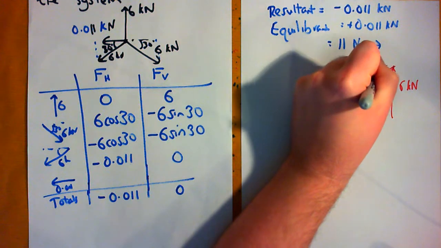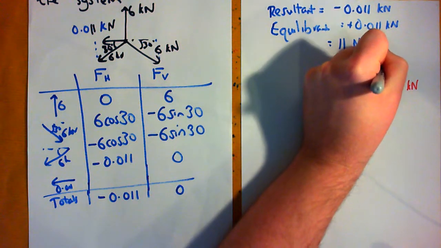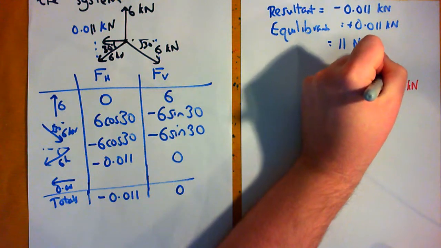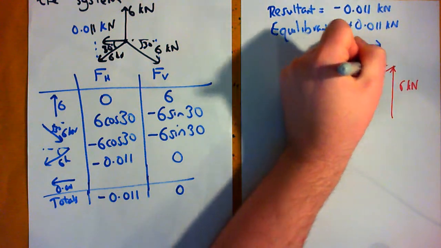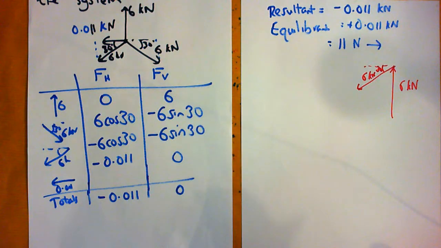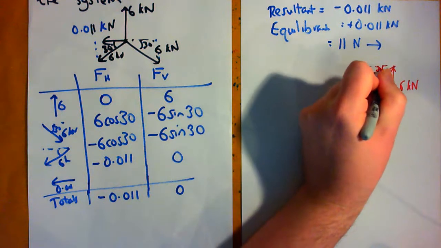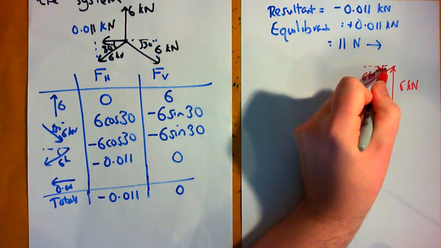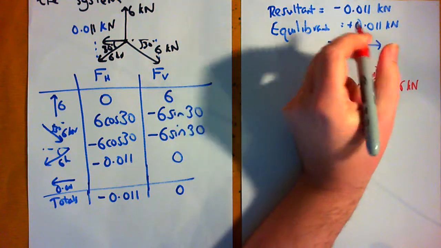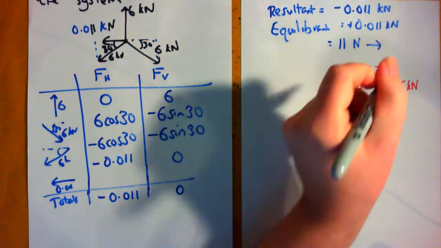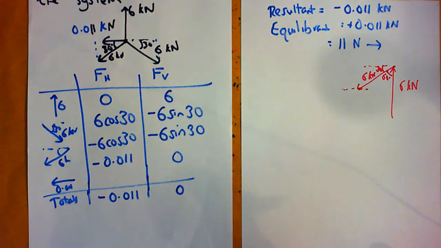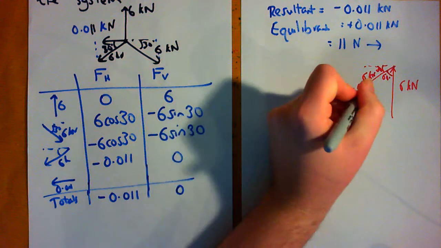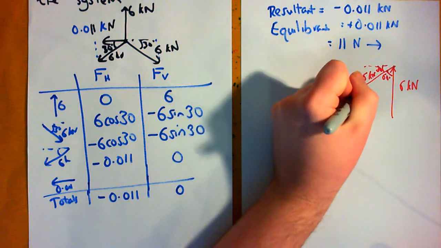This is a 6 kilonewton force, 30-degree angle below the horizontal, which, if this is 90 degrees because that's vertical, and this dotted line here is supposed to be horizontal, so they are 90 degrees apart. If that's a 30-degree angle, then this must be a 60-degree angle inside there. Now let's draw in another little dotted line at the end of that first 6 kilonewton force, and let's draw in the other 6 kilonewton force.